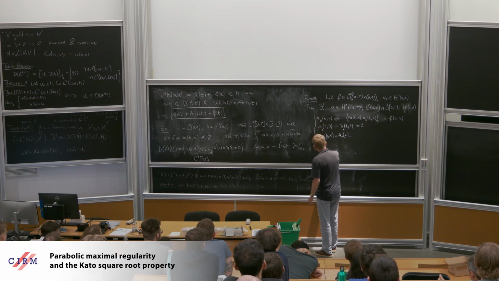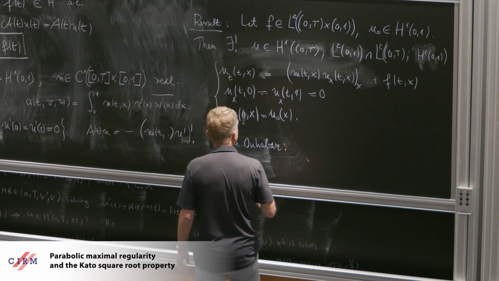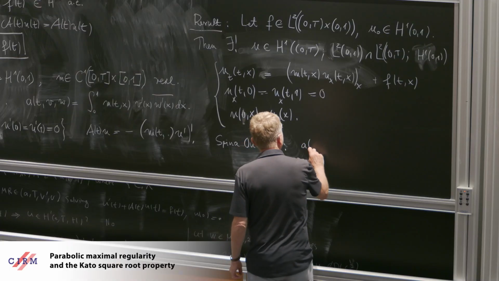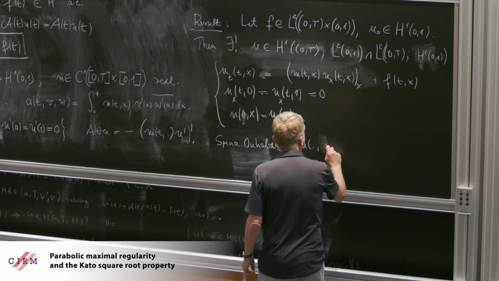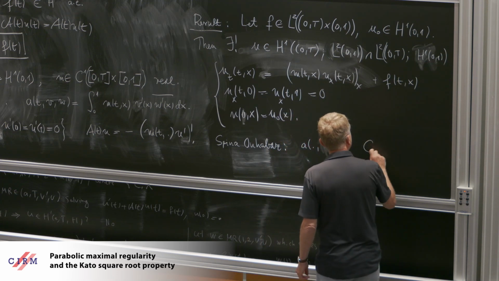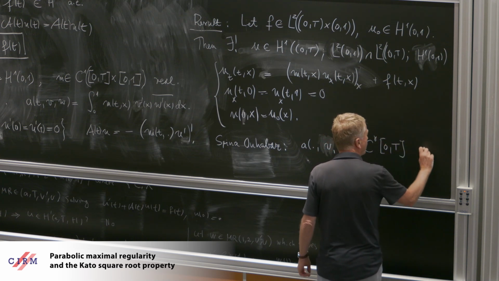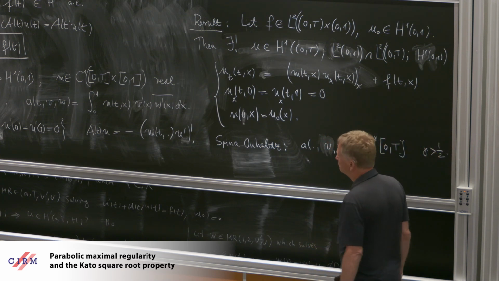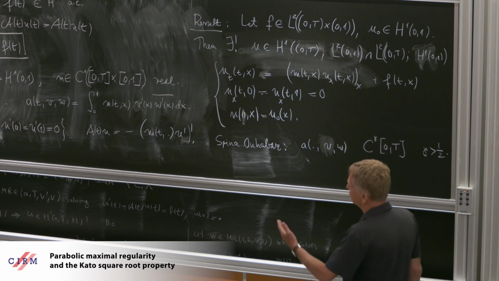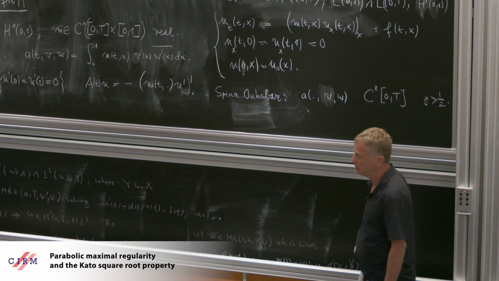Spina and Ouhabaz, they showed the result remains true if this function is merely C gamma, so in the Sobolev space, for gamma larger than a half. So instead of continuously differentiable, C gamma suffices to have maximal regularity in H.